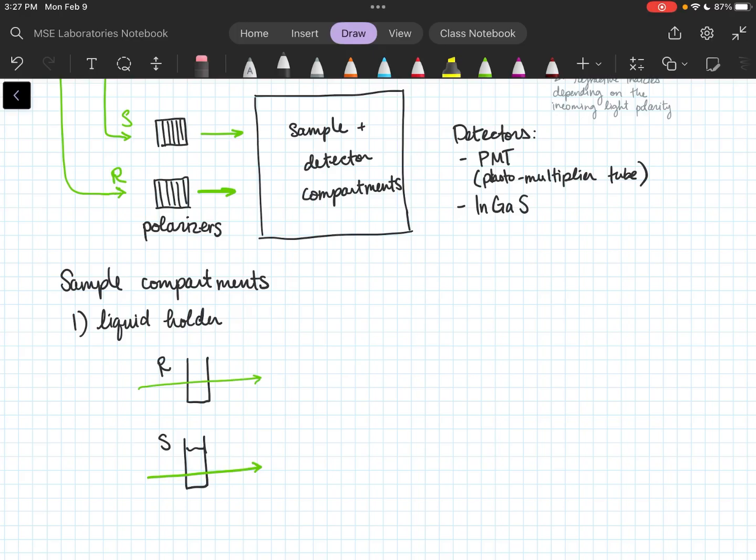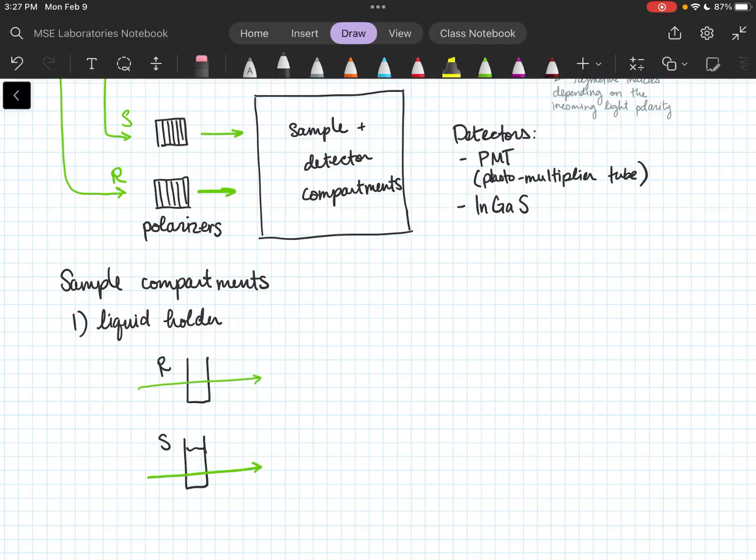We need a reference. Yes. The cuvette might be absorbing some of our light, so we can subtract out whatever the cuvette from the reference is absorbing. An empty cuvette? Yeah, usually an empty one, but also you could do, let's say I have detergent in water, and I wanted to subtract out the water and measure only the detergent.